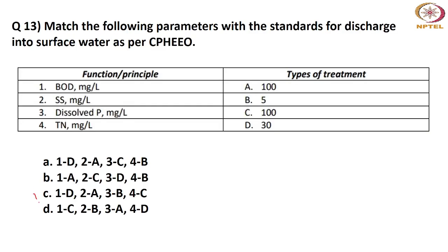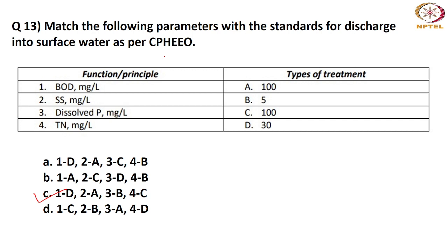Fine, very good. So you go to this manual, right? If you go to this manual, the Central Public Health and Environmental Engineering Organization, it is a wing of the Ministry of Housing and Urban Affairs.